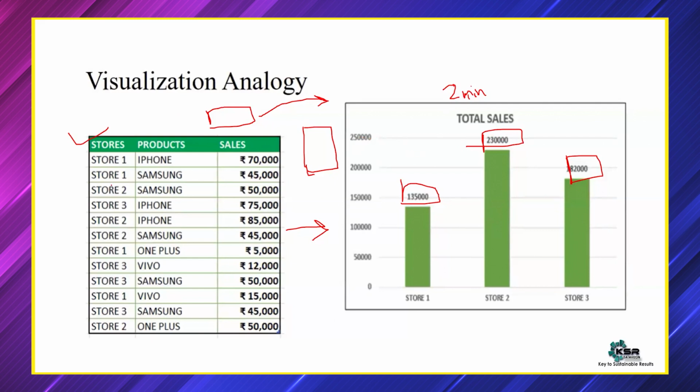He's least bothered about which product is coming from which store. He wants aggregate information so that he can decide what decision has to be made. The importance of visualization, the importance of reporting: time consuming, easier to understand, way easier to grasp.